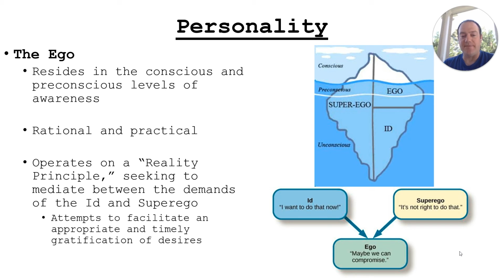So it attempts to facilitate what we want, even if it's messed up or unacceptable, but it tries to do so in a way that is acceptable in reality or in our situation. And it operates, according to Freud, on the reality principle.